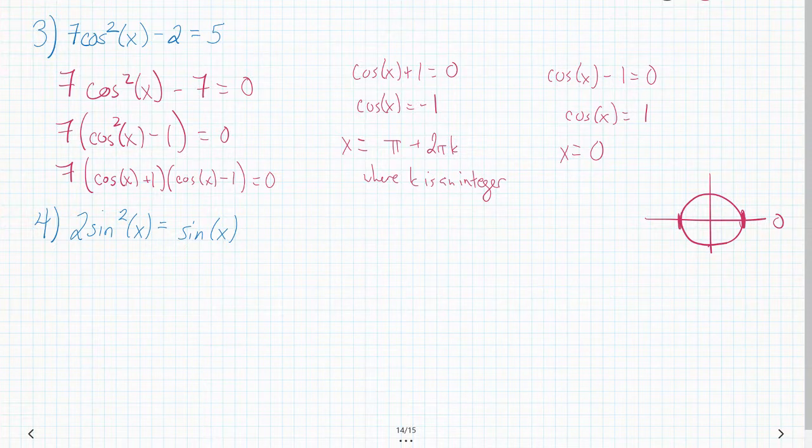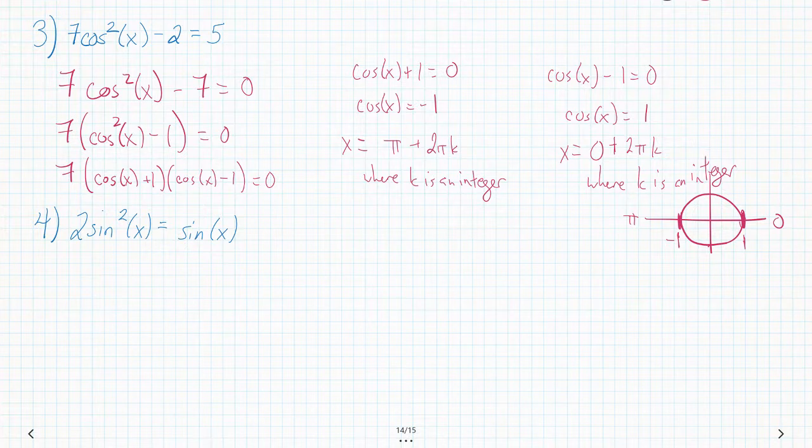The other one occurs, so this is negative 1, that's positive 1. So at this angle pi here. So 0, and then this one's plus 2 pi k, where k is an integer. Okay.